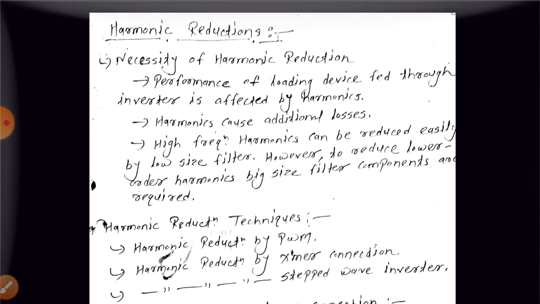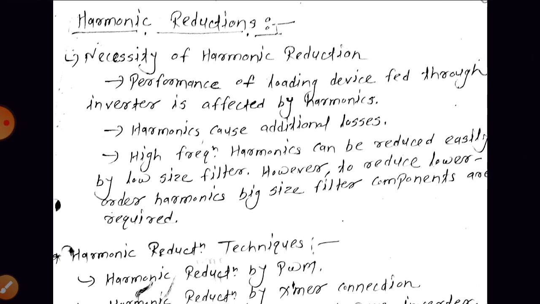As we have discussed, we have different types of inverters: single phase half bridge and single phase full bridge. In both inverters, only odd harmonics are present in the output voltage, which means the output voltage of the inverter is non-sinusoidal.